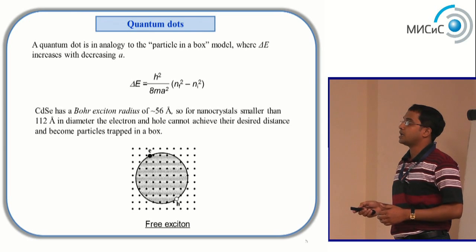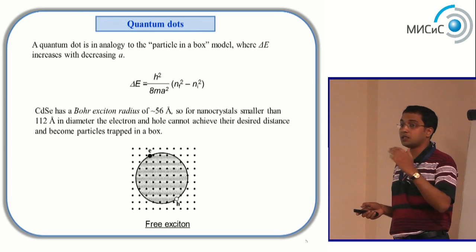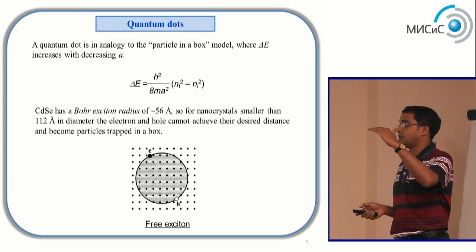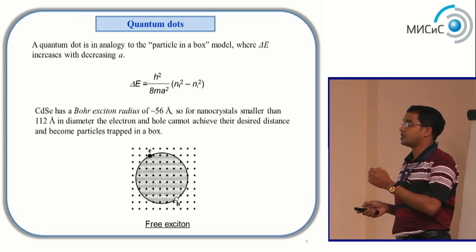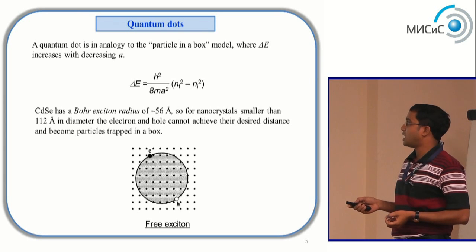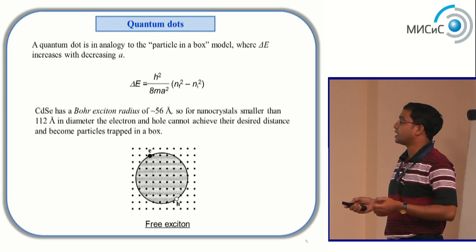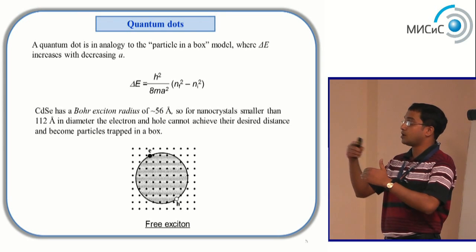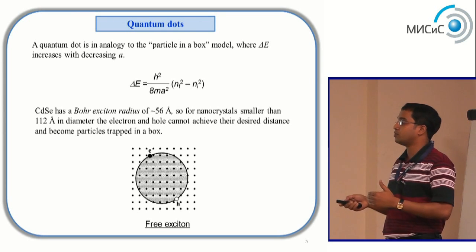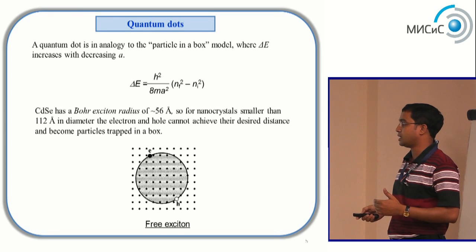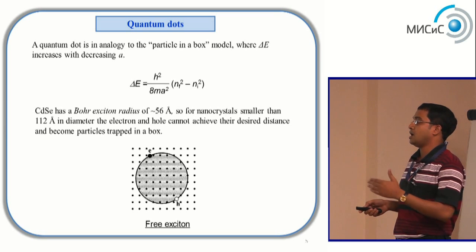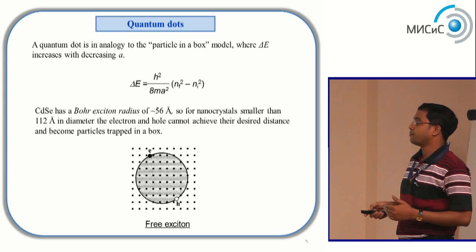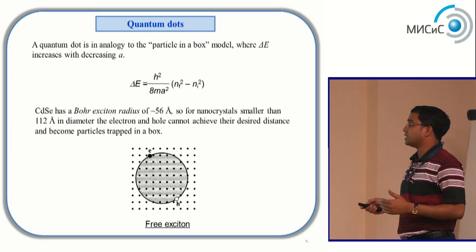For quantum dots, let us consider cadmium selenide, because I am currently working with cadmium selenide. It has a Bohr exciton radius of 5.6 nanometers, that is 56 angstroms. So for a nanocrystal smaller than its double, meaning 11.2 nanometers in diameter, the electron and hole can achieve a distance that makes them a particle trapped in a box.